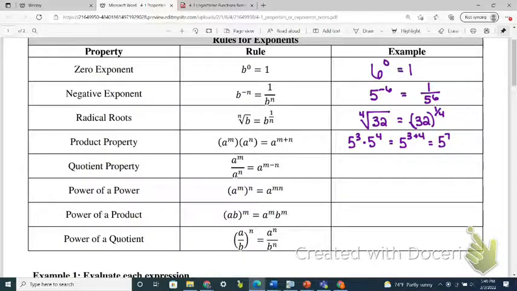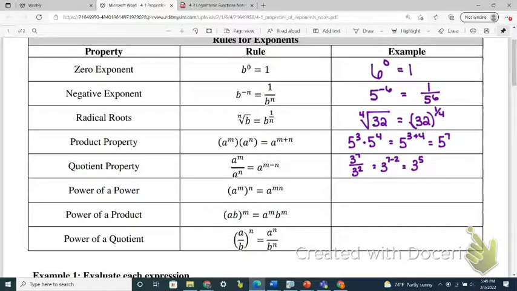So I keep the base and add the exponents. The quotient property, when I divide, I keep the base and subtract the exponents. So if I have 3 to the 7th over 3 squared, that's going to be 3 to the 7 minus 2, which is 3 to the 5th.